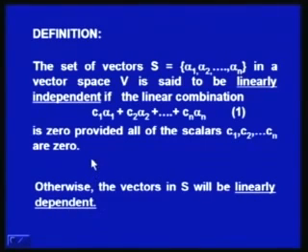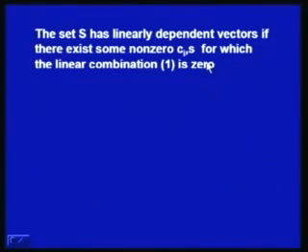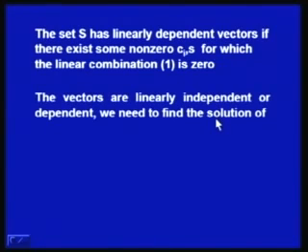Otherwise the vectors in S will be linearly dependent. By this I mean that the set S has linearly dependent vectors if there exist some non-zero Ci's for which the linear combination is 0.